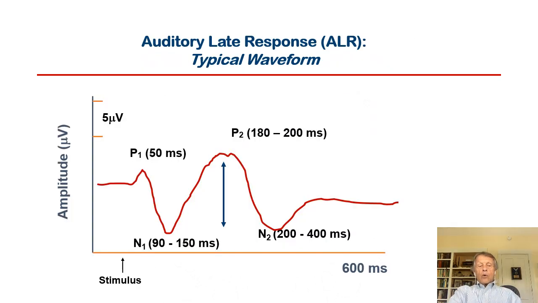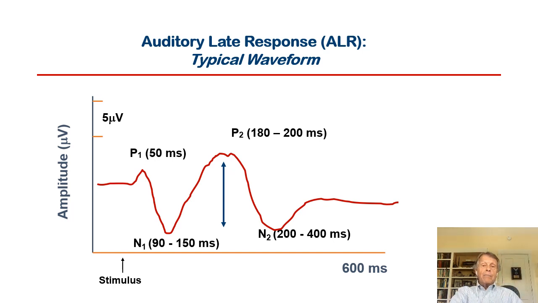In an older child and an adult, the auditory late response, the next longer response, looks like this. And this is well known. Most of you have seen this. Many of you have recorded it. You can certainly use speech stimuli. There's an N1 component around 100 milliseconds, a P2 around 200 milliseconds, and they're very large.